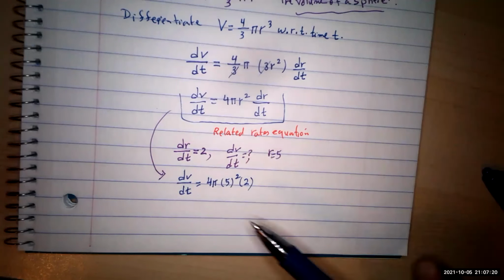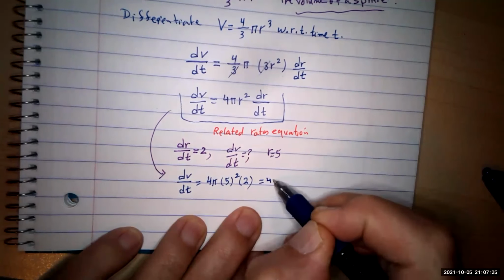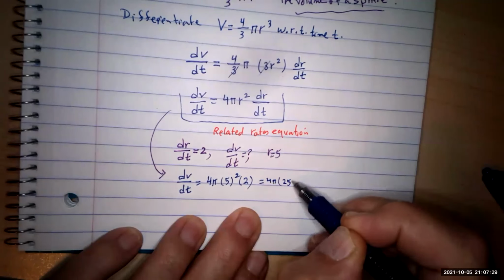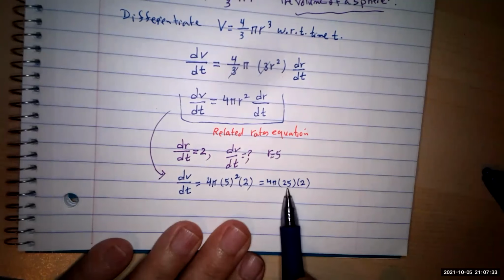Simplify, 5 squared would be 25. So it's going to be 4 pi times 25 times 2. Simplify, 4 times 25 would be 200 pi.